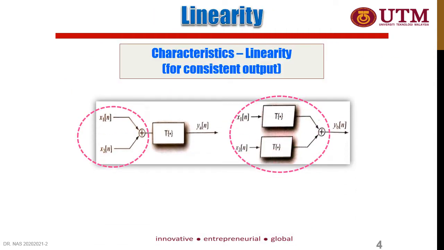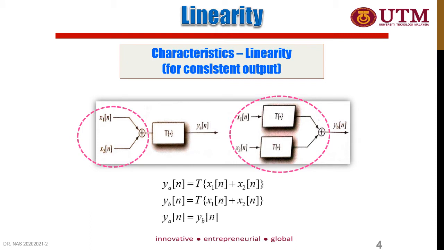In order to determine whether the system is linear or not, you need to consider two systems: the first system as shown on the left hand side and the second system as shown on the right hand side. The first system has the inputs x1 and x2 added together, and the added signal is processed in the system, and then the output YA is produced.